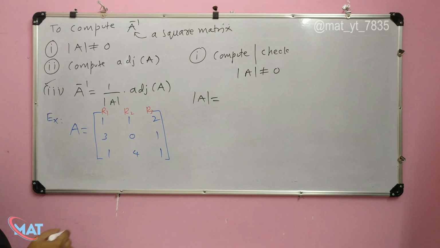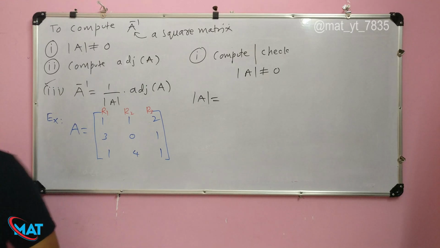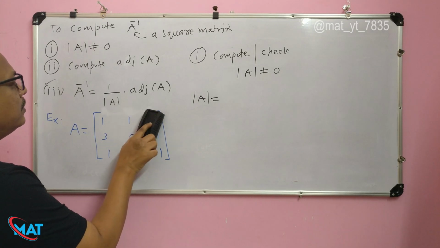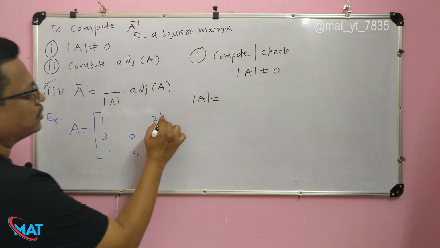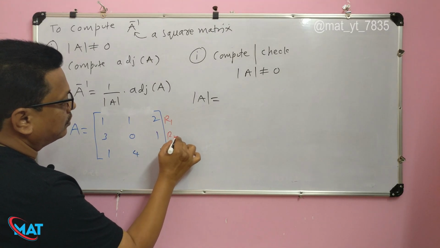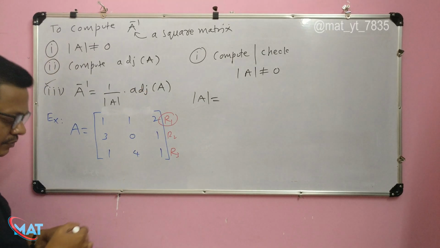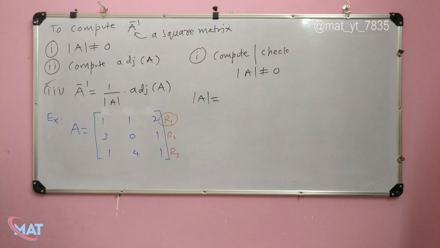Sorry, it is column number. R1, R2, R3. Row 1, row 2, row 3. So let us take row 1.